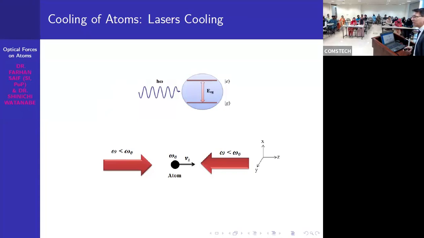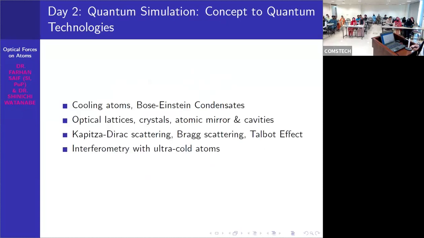If we just start with that, whenever we were talking about the absorption of field and the atoms, we were understanding in our previous discussion that the field is absorbed by the atom.